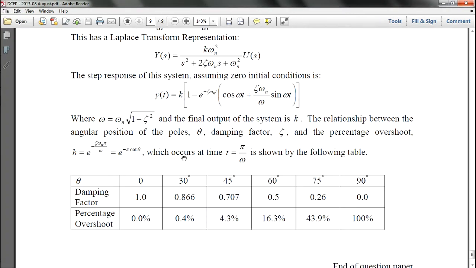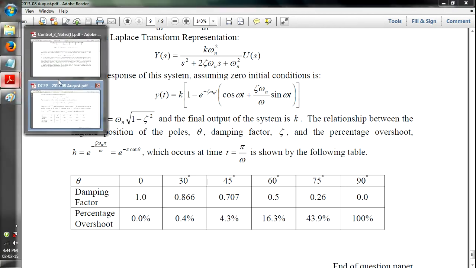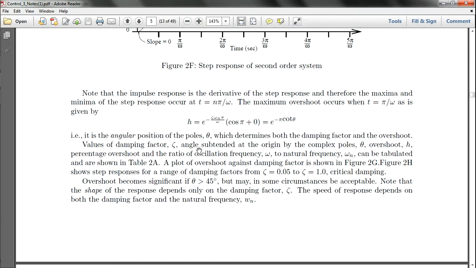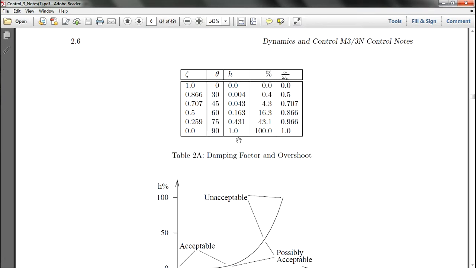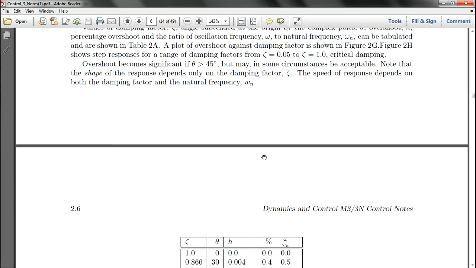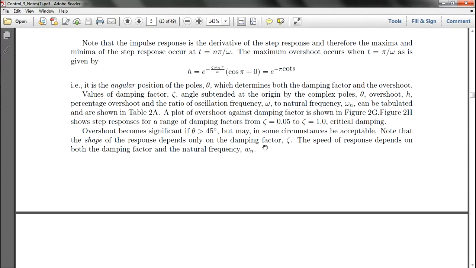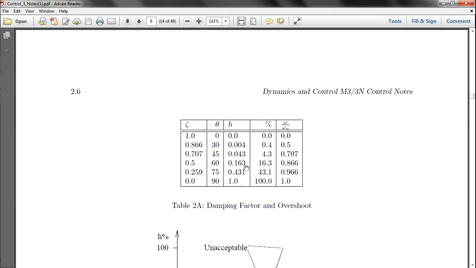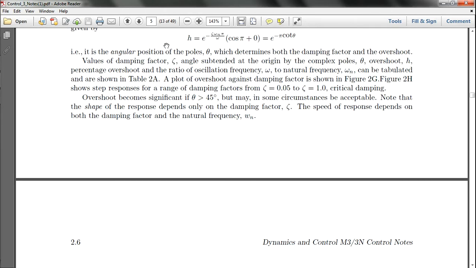how you are going to substitute in, and then the damping factor. But the key thing I want you to know is how you know whether the damping factor is considered acceptable or unacceptable.